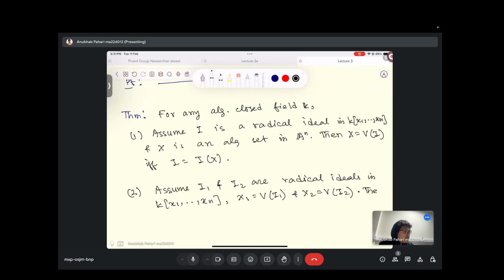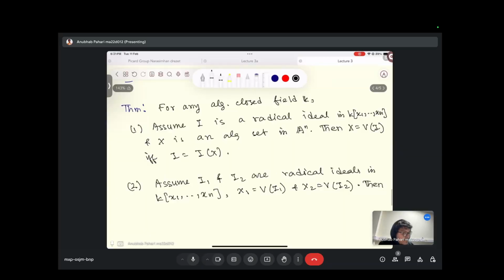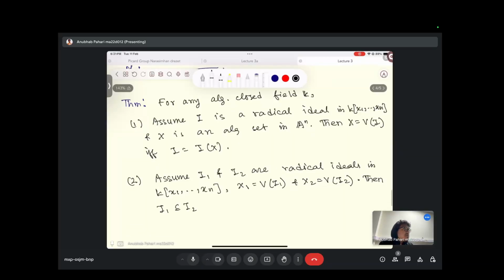Then I1 is contained in I2, respectively strictly contained, if and only if X1 is contained in X2, respectively X1 strictly containing X2.